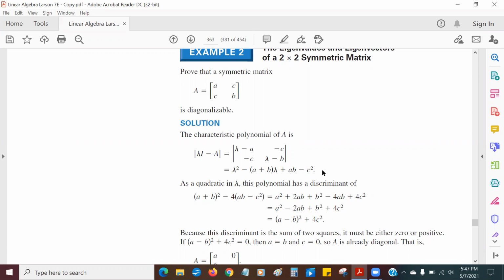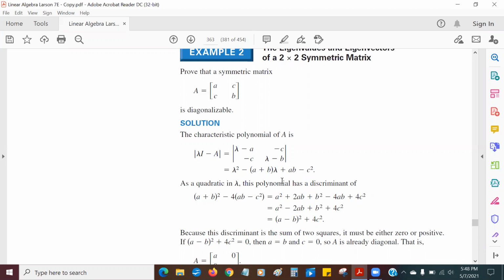Now we're going to use something that we learned a long time ago, in whatever grade you learned this, 7th, 8th, 9th, everyone learns this at different times: the quadratic formula, yay! In the quadratic formula, the discriminant is the part that's inside the square root, the b squared minus 4ac.